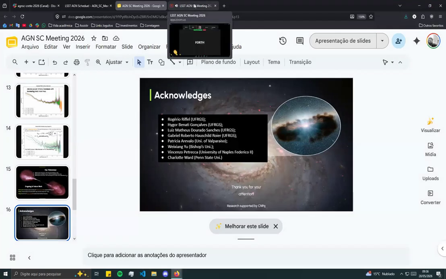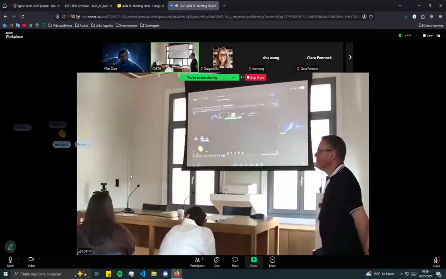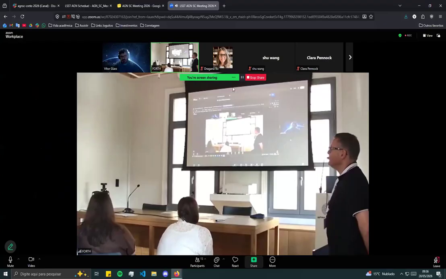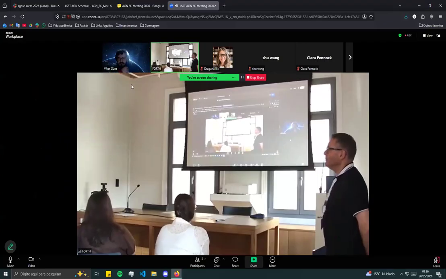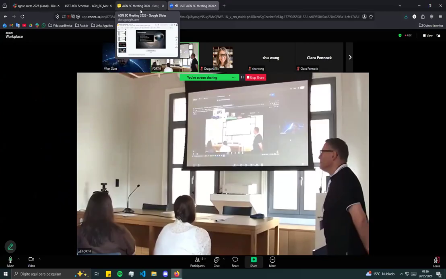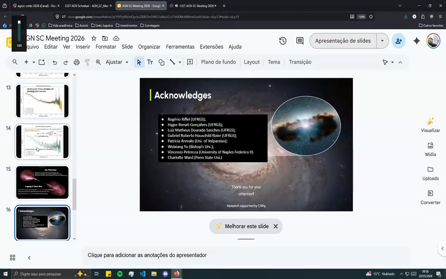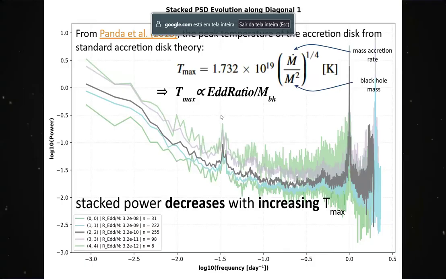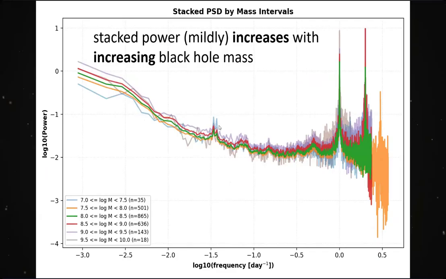Hi. Thank you very much for the talk. I was interested in the plot in which you show the Eddington fraction as a function of the total mass. Eddington ratio as a function of total mass. This one? No, the scatter plot.